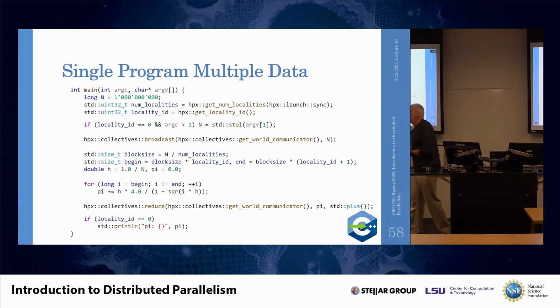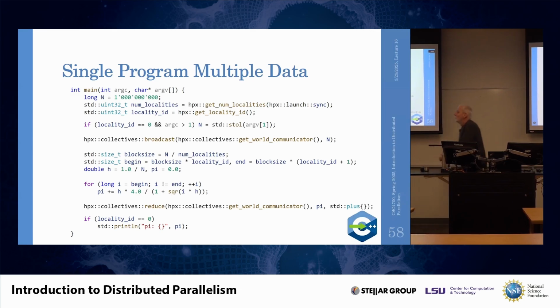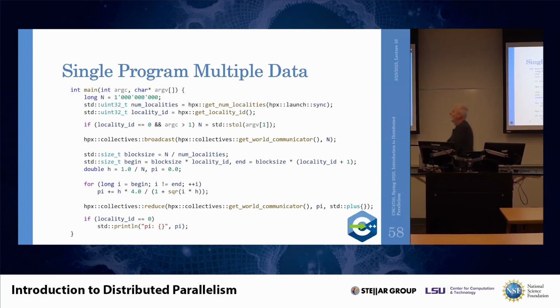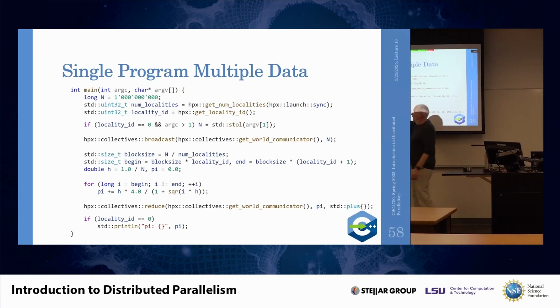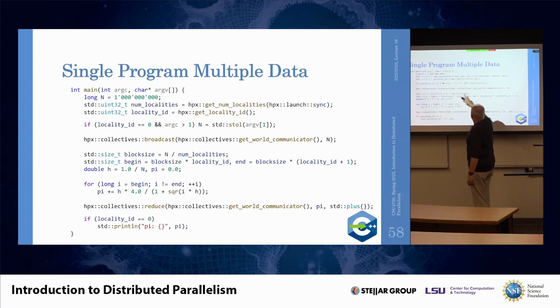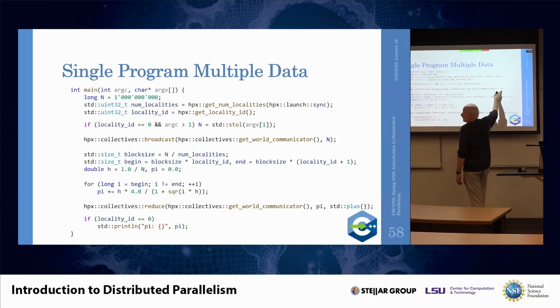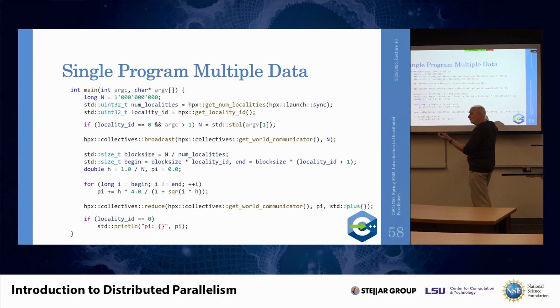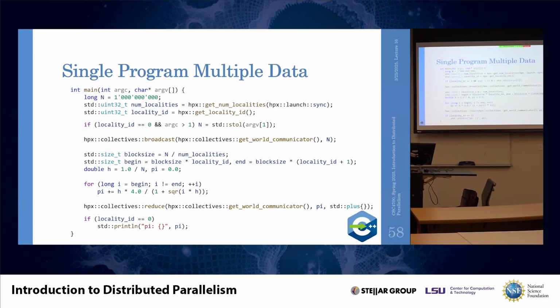Yes? Does this snippet include the communication from the receiving end? Sure. Reduce. So broadcast, this is a reference. It will take the value from locality 0 and will give it to everybody else. This takes a reference as well, but only locality 0 will receive the reduction result.